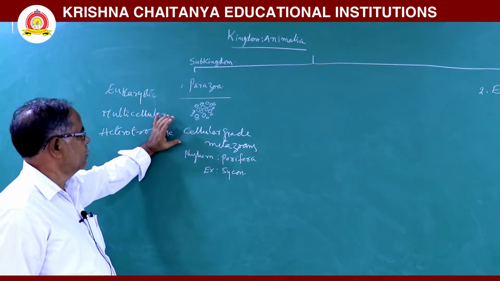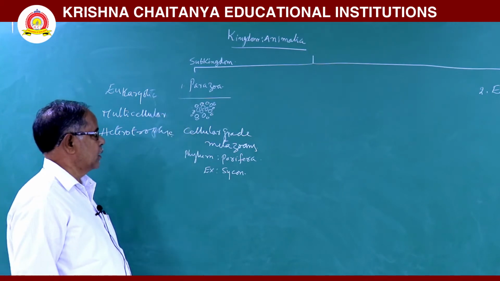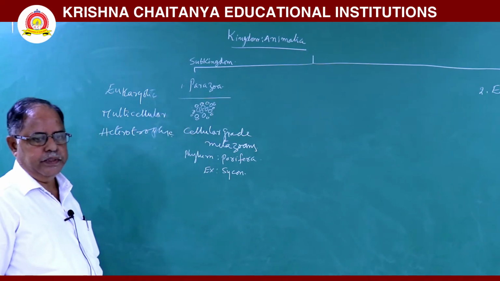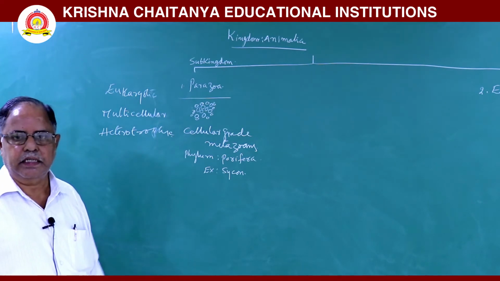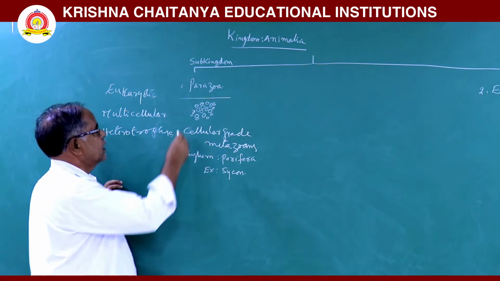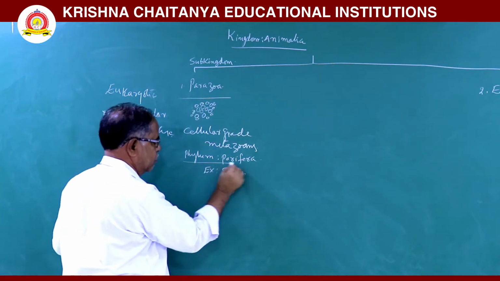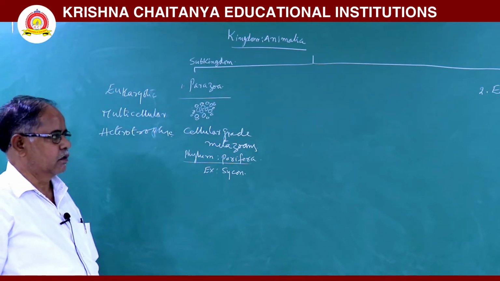This type of body organization is called cellular grade metazoans. They lack coordination because here the sensory and nerve cells are not developed. In this subkingdom, one phylum is included. That phylum is called Porifera, example Sycon.